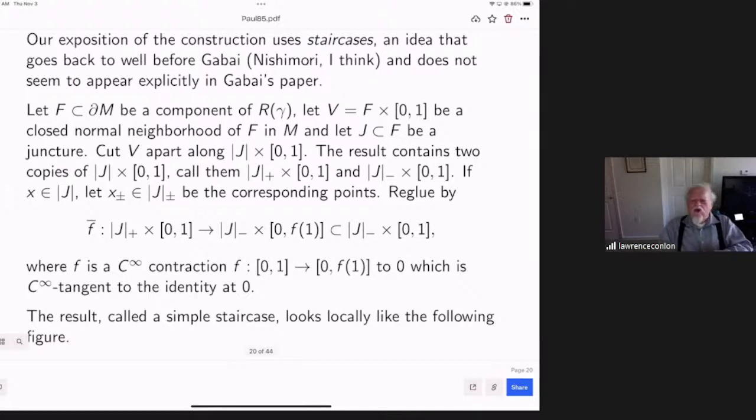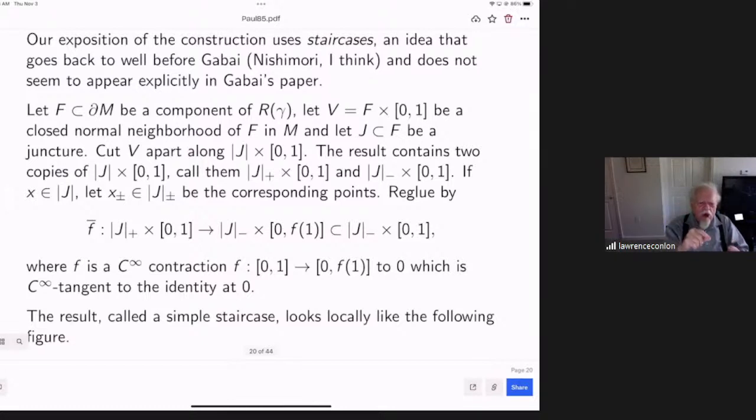Now, how do we construct a staircase? So we have F, a component of R gamma, and we look at a normal neighborhood of F in the manifold M. And we let J in F be a juncture. Now you cut apart along the support of that juncture cross [0,1]. The result contains two copies of the juncture cross [0,1]. I denote them with a plus and a minus sign.